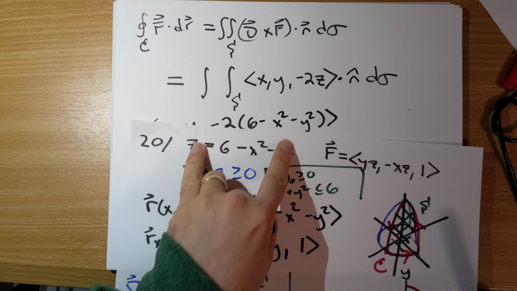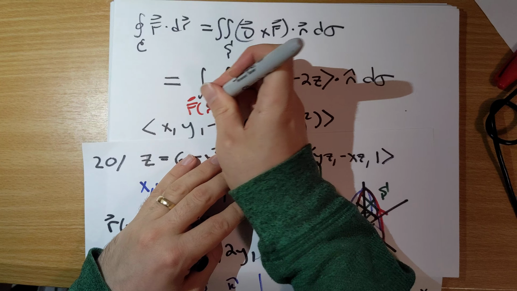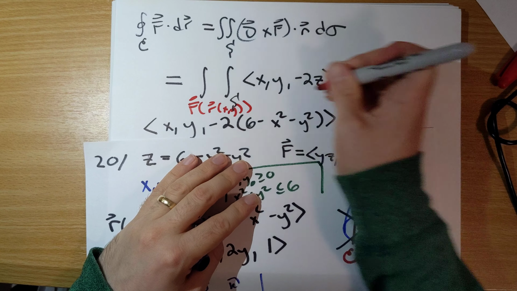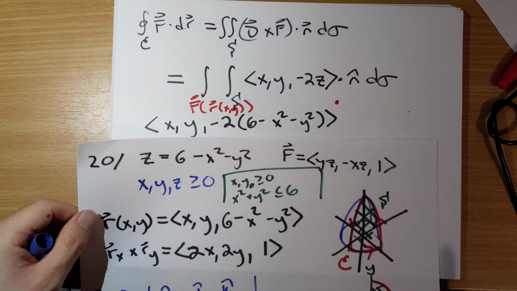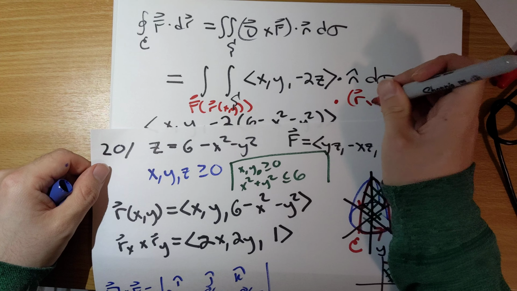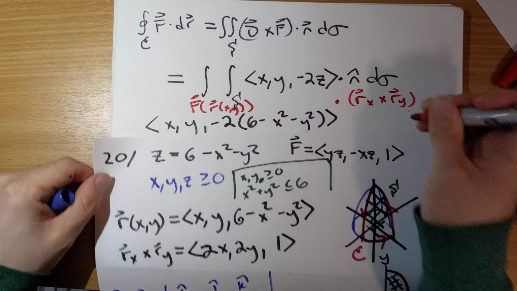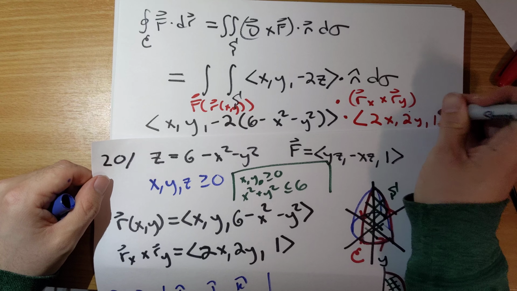This is F of r of x and y. Then we do a dot product of this with the normal vector right here, which is 2x, 2y, and 1.